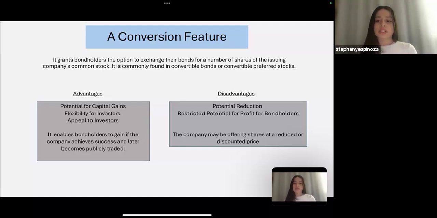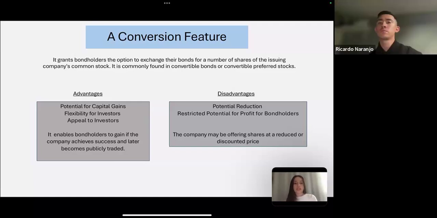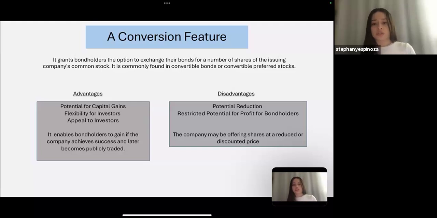The company's issued securities may attract a broader range of investors looking for both income and potential capital gains. This is also the potential for profit for bondholders.